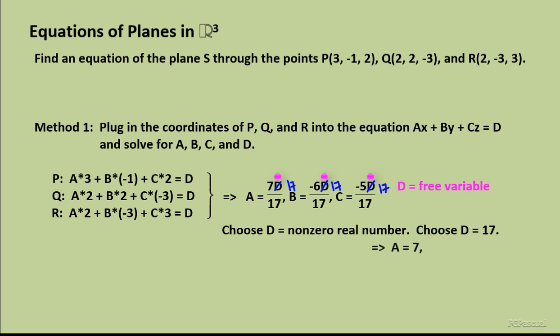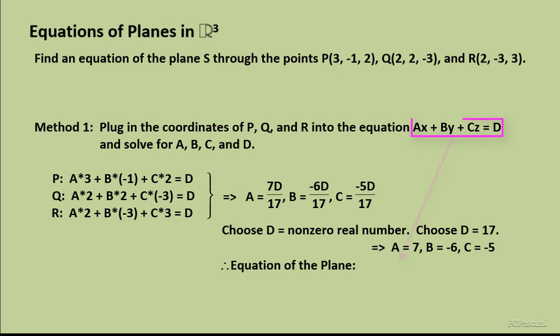Therefore, a equals 7, b equals minus 6, and c equals minus 5. And so, an equation of the plane S is 7x minus 6y minus 5z equals 17.